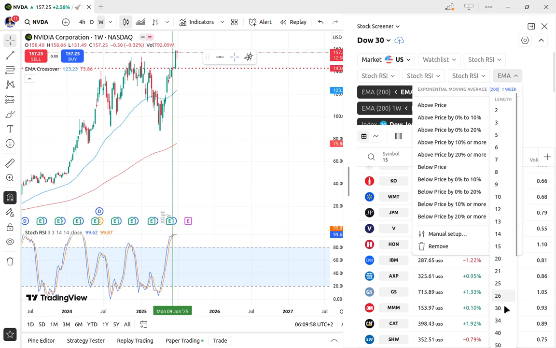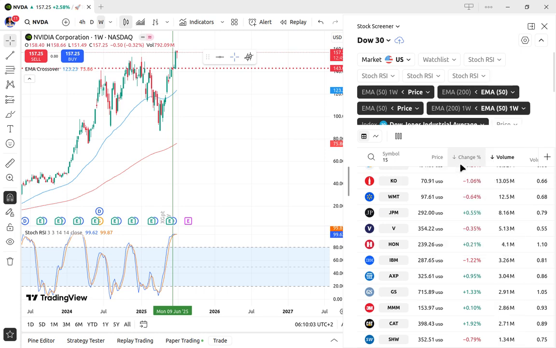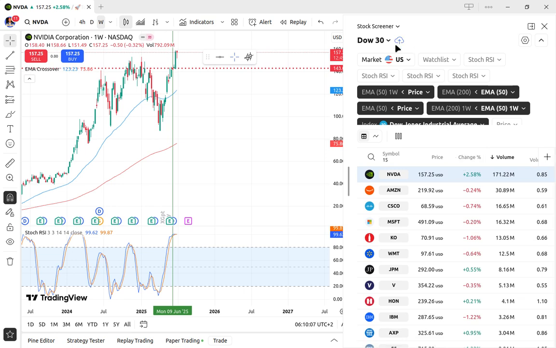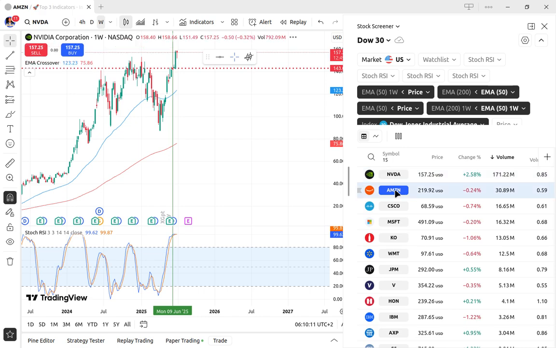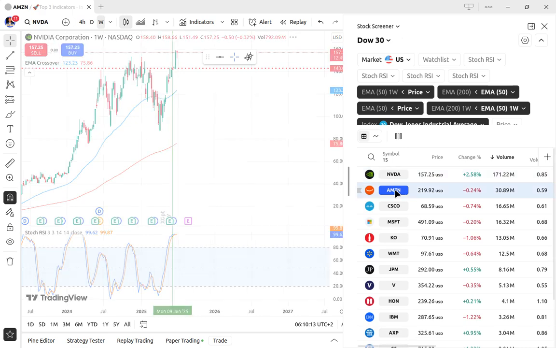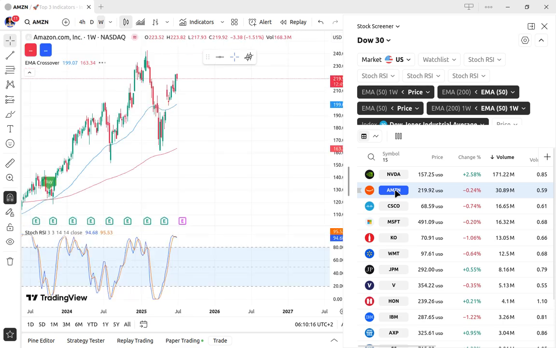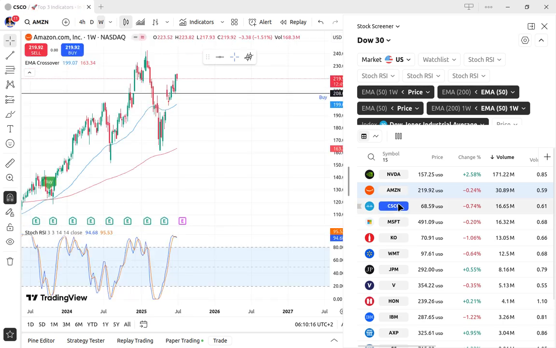I think I'm looking for a 50-day moving average on the week. Yeah, let's try that. All right, anyway, let's see what we got. If I make a mistake, then I will know.